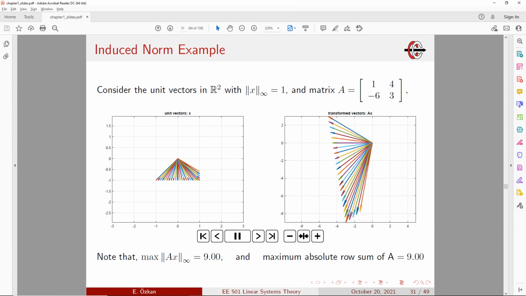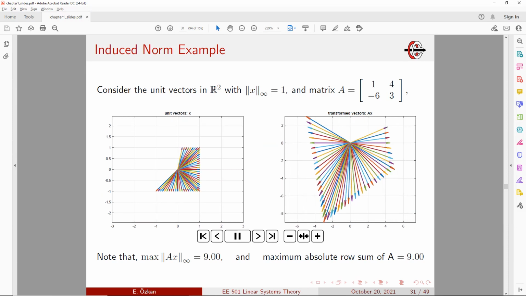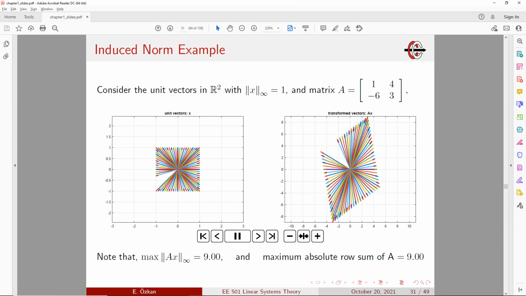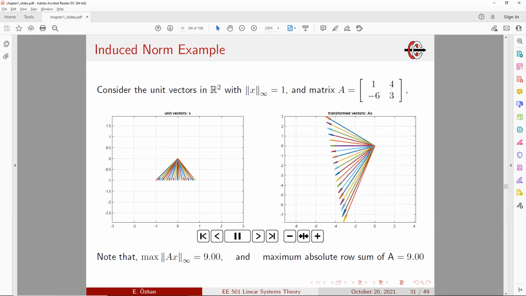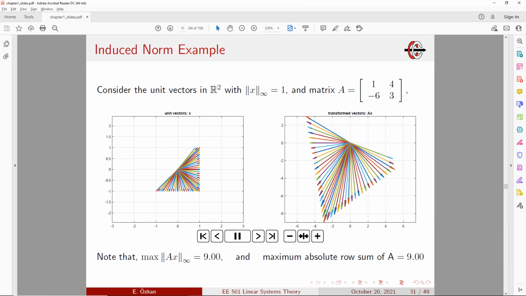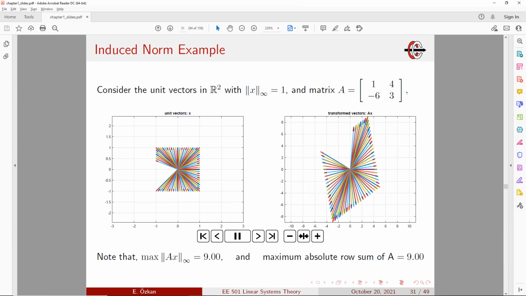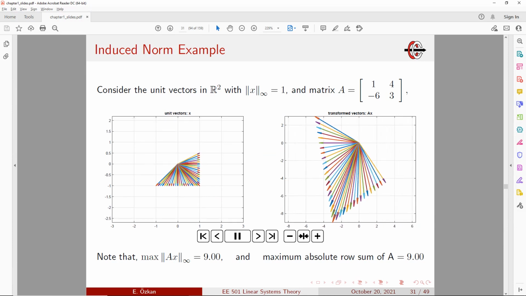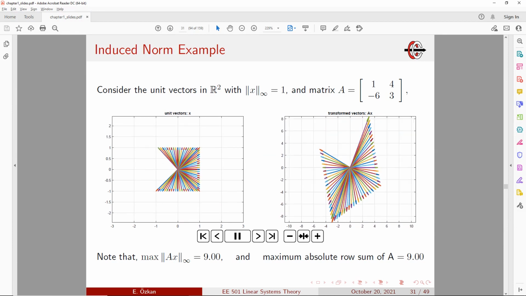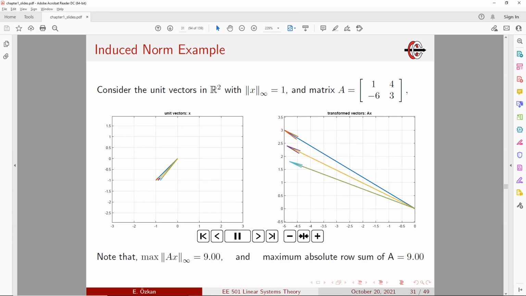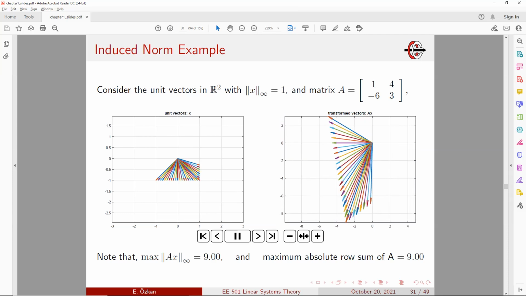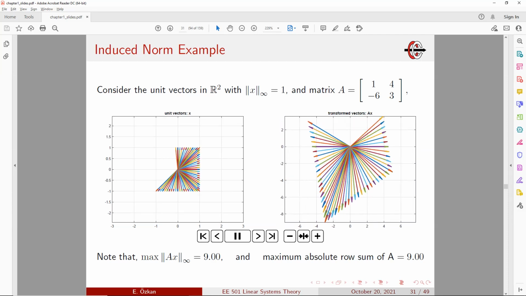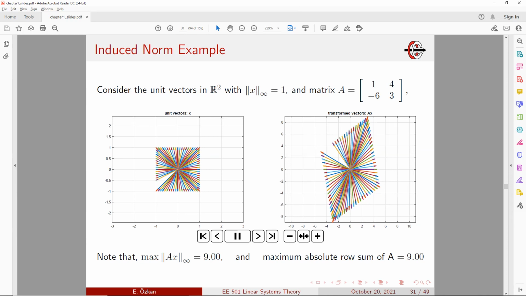In that example, among all possible values, the length of that vector is equal to 9, and the maximum absolute row sum of A is also equal to 9. This is not a coincidence, but we will show that in our next lecture.